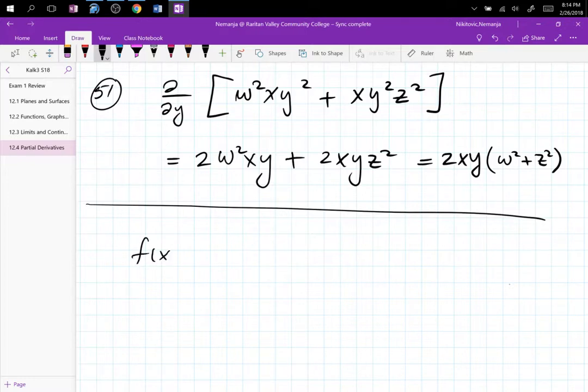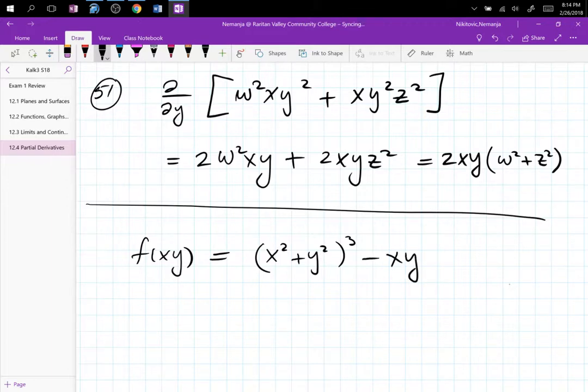Let's say I have f of x y, and I want to create something symmetric, so I'll make (x squared plus y squared) cubed, minus xy. So this would be symmetric, right? Now, I can make this asymmetric easily. I can just put a square on y, and it is no longer symmetric. But if I put a square on x, it becomes symmetric. Do you see that? So they have to have this balance.